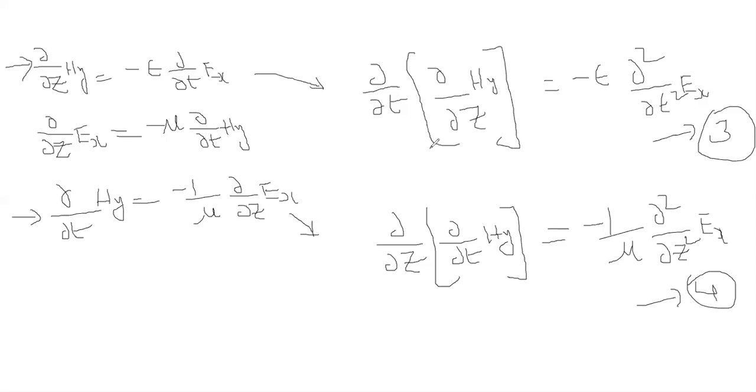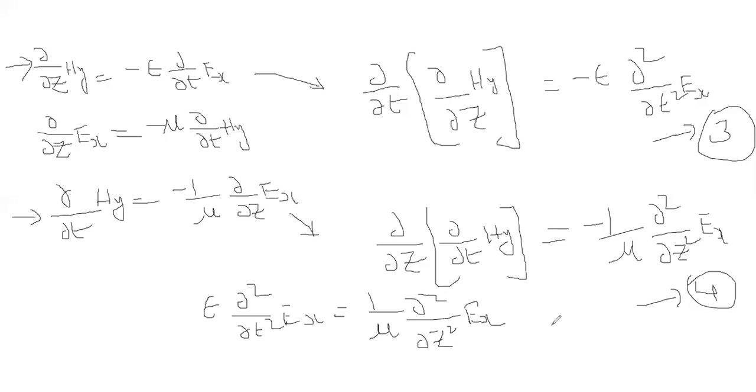Now as you can see, in these two equations the left hand sides are both equal, dou by dou t, dou by dou z of Hy. Now equating 3 and 4, on the right hand side the minus and minus get cancelled. Epsilon dou square by dou t square Ex is equal to 1 by mu dou square by dou z square Ex.